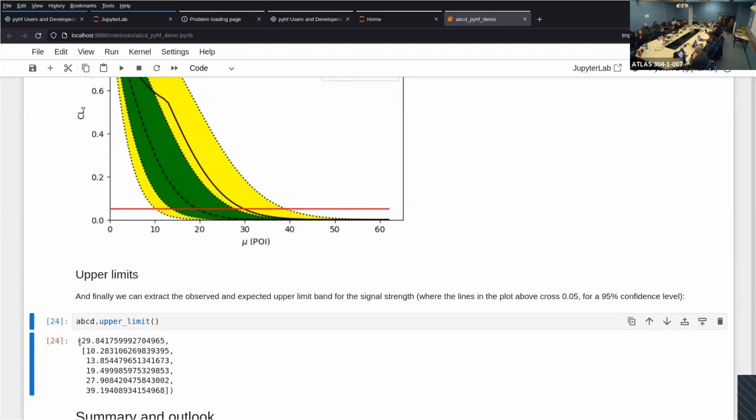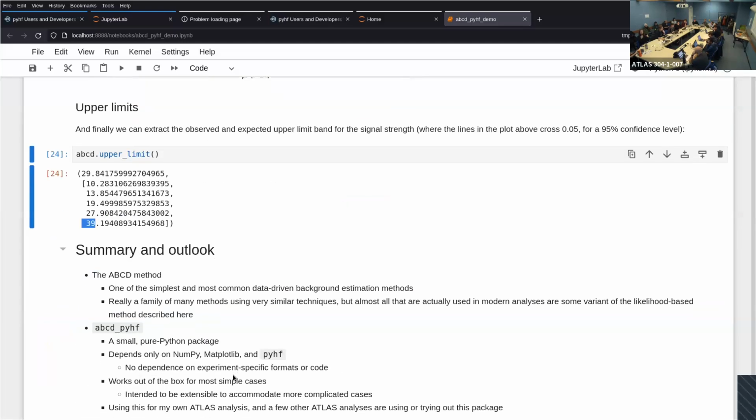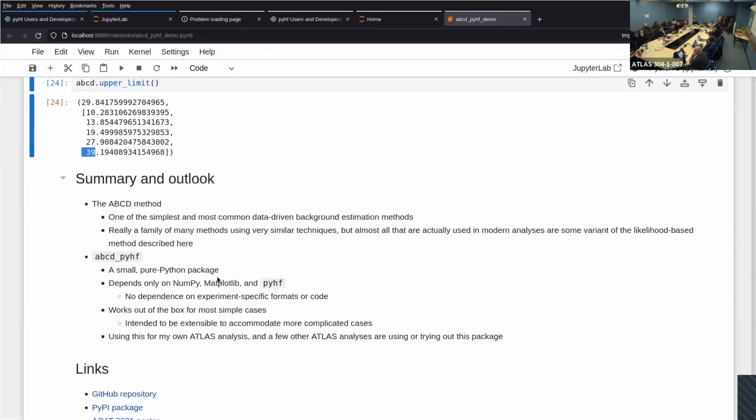So the observed upper limit is about 30, 29.8, and then you have the bands of the expected upper limits, where the median is about 19. And so you can see this 30 value is between the 1 sigma and the 2 sigma values for the expected upper limits. Okay, so that's just a little toy example that shows how this package works.